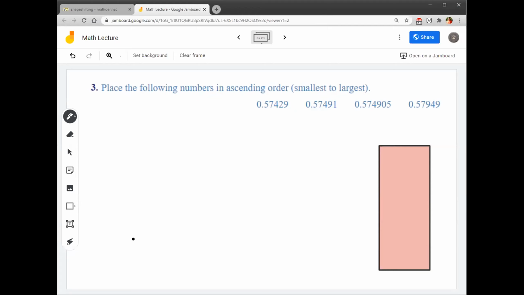Could it be the longer the one, the 574,905? But then I see the 57949, and this one is like 05 over. I think that's the longest one. Should we start just by picking 2 of them and seeing which one is smaller or bigger?